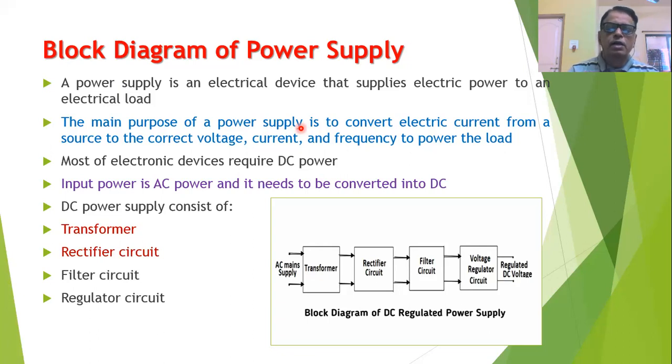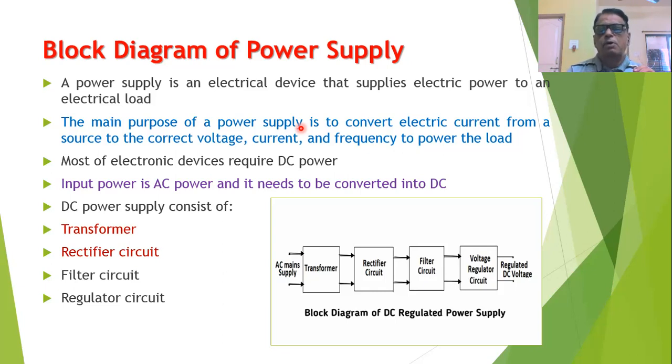For example, in India, the input AC available to us is 230 volt AC, while most electronic devices require a DC power supply. Therefore it is necessary to convert the input 230 volt AC into the appropriate form of low voltage DC, and this can be achieved by making use of the power supply.